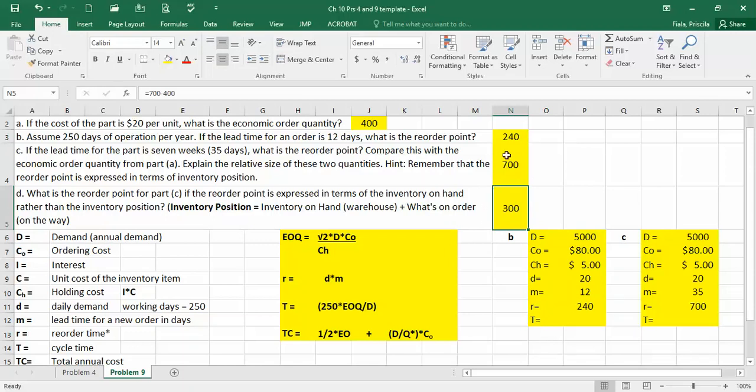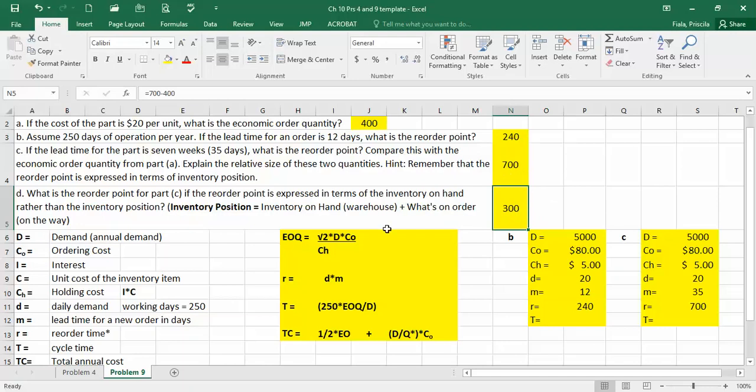Since the reorder point is 700, in my EOQ my quantity to order is 400. One order is going to be outstanding when the reorder point is reached. So the inventory on hand at the time of the order will be 700 minus what is on the way, which is 300.